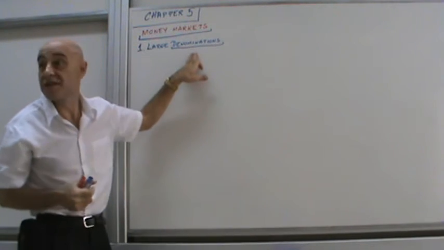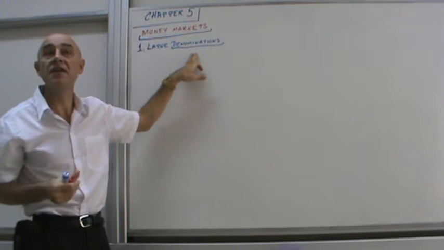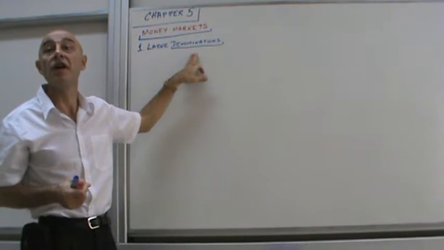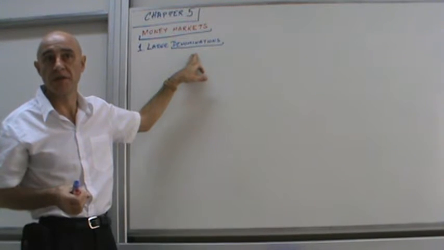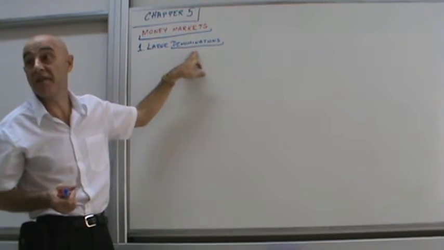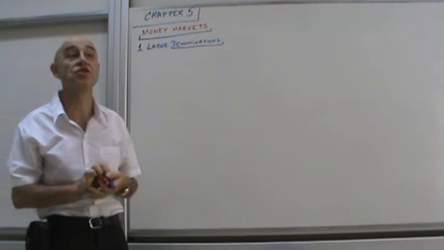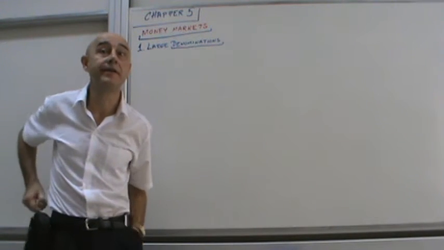Denomination is the amount of money related to one particular instrument. So a bond may have a denomination of $1,000. It may have a denomination of $1 million.